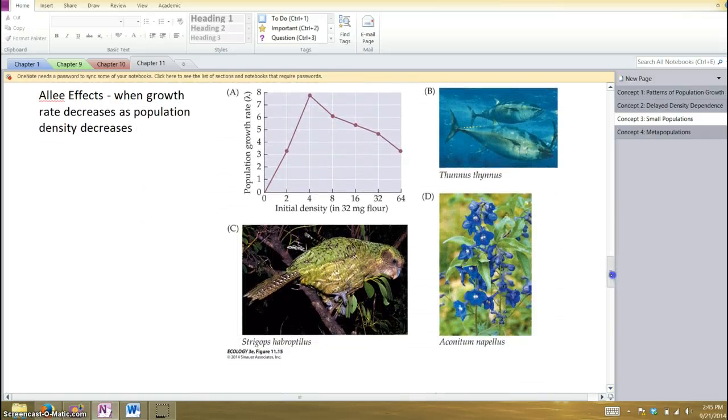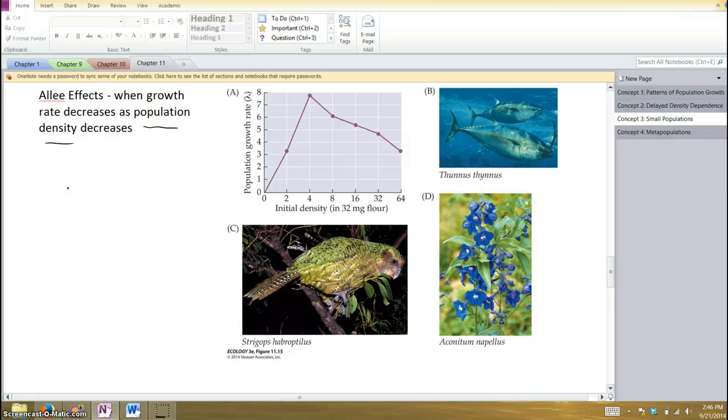All right. Another effect of small population is called the Allee effect. This is somewhat counterintuitive, because it says that growth rate decreases as population density decreases. We've been talking earlier, and we tend to think that when a population is less dense, you tend to get higher growth rates because there's more food and resources for that population.